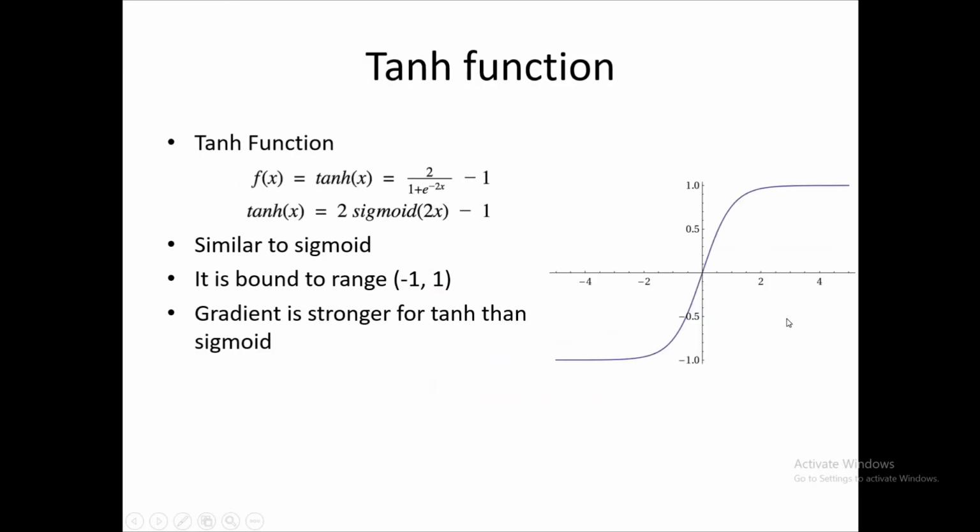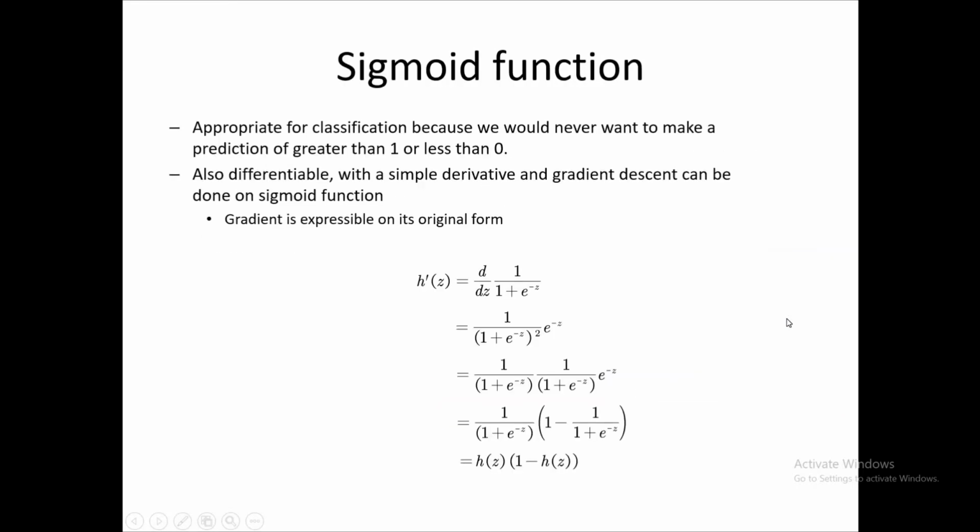It is appropriate for classification, because we would never want to make a prediction greater than 1 or less than 0. The most important thing is that it is differentiable, with a very simple derivative, and gradient descent can be done on the sigmoid function. So let us see how its derivative is estimated.